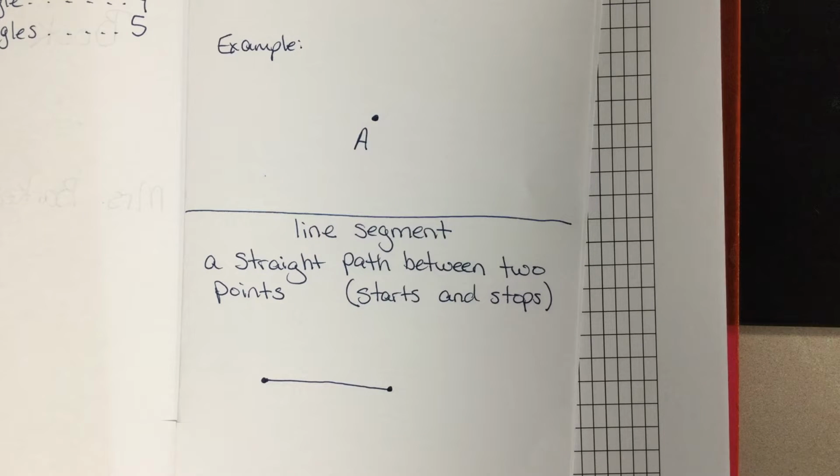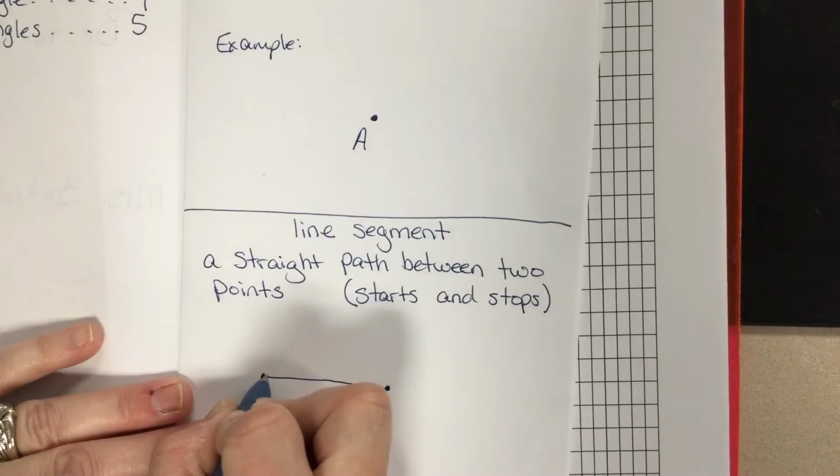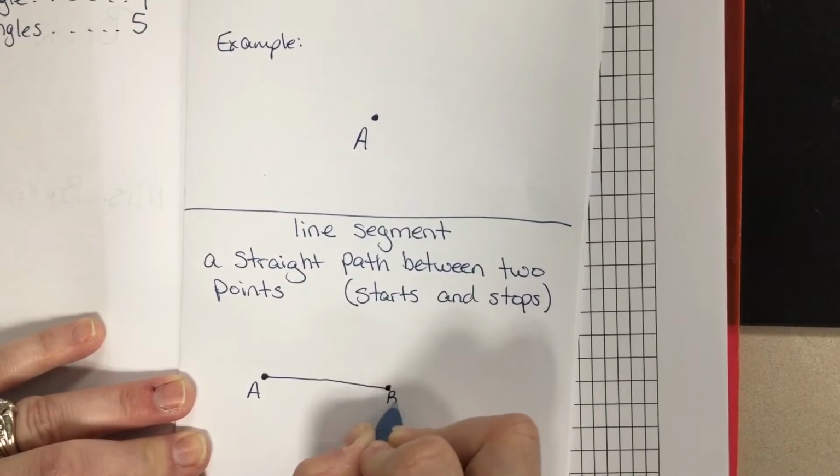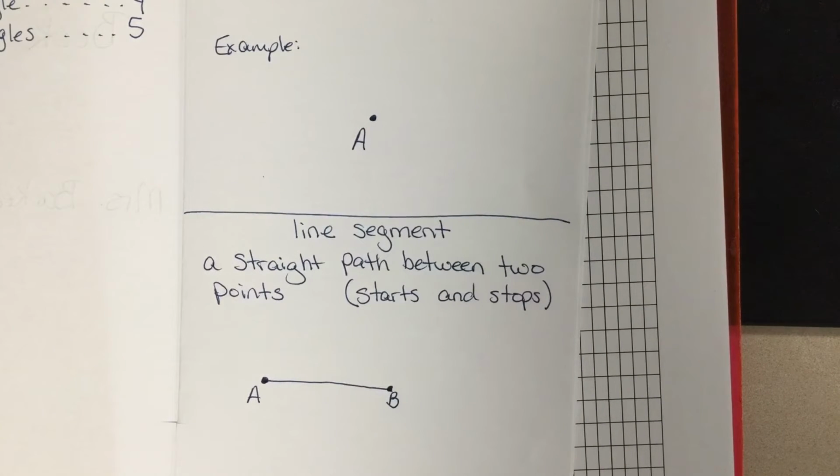That is called a line segment. Oftentimes, you'll see these labeled by the points. I think we had a warm-up a few weeks ago where it only had one letter for the type of line or line segment it was. You might also see that, but most times you're going to see it like this.